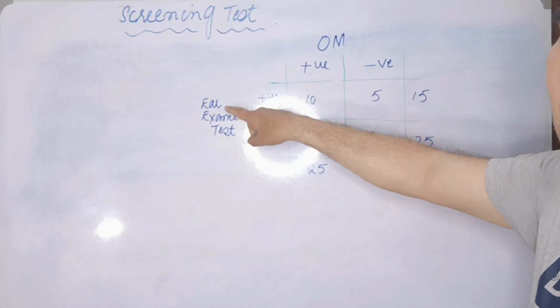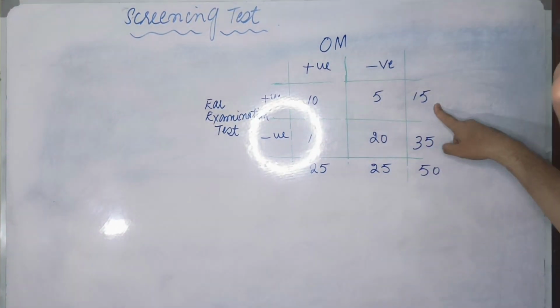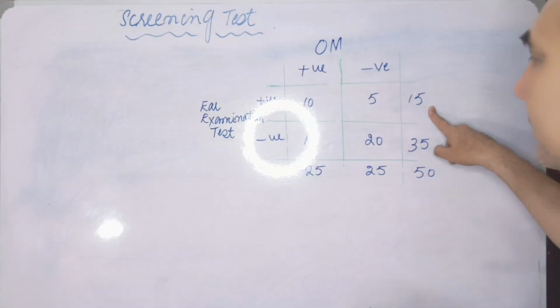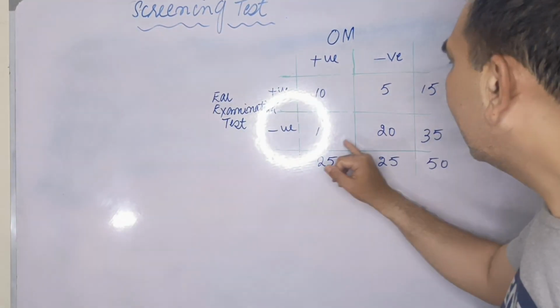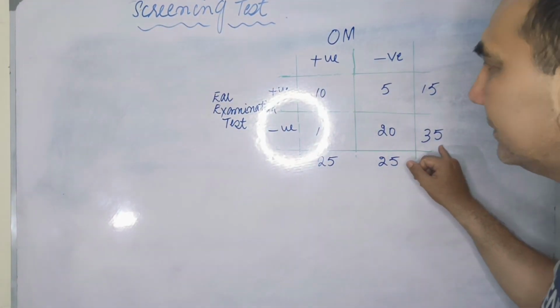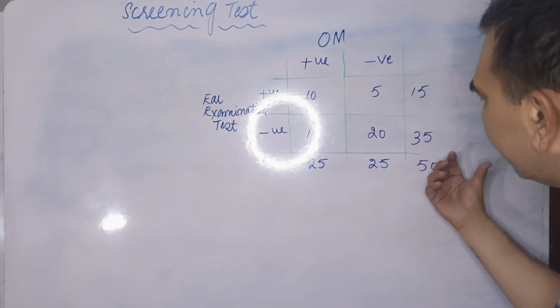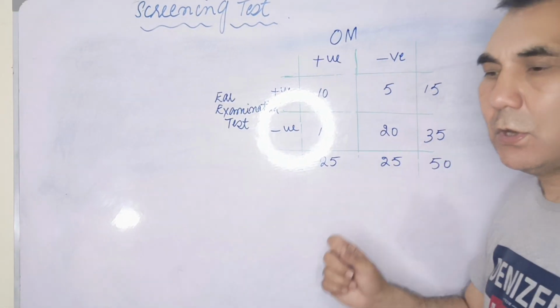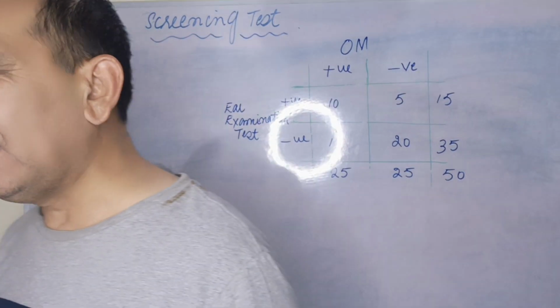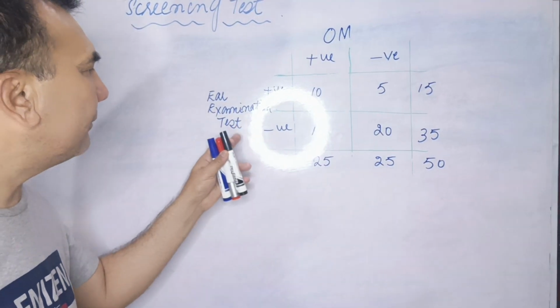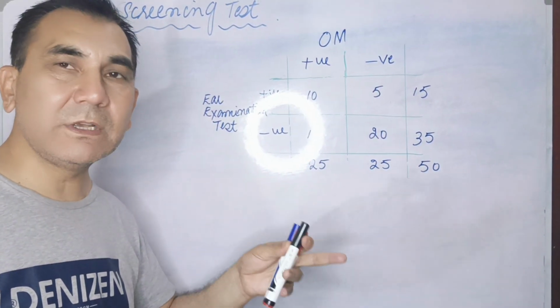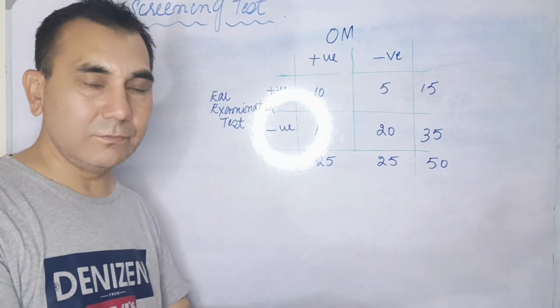On the basis of the ear examination, 15 tested positive who have the disease, and 35 of the 50 children were those who do not have the disease, the test negatives.